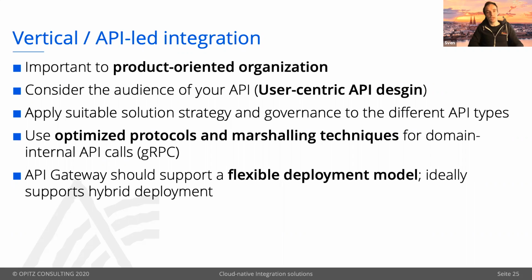And we also need a proper governance strategy to implement more sophisticated use cases like monetization. Because when I want to expose my services to the outside world, and I have customers and partners that consume my APIs, maybe I want to monetize that. So I want to charge them for using my API, for using my data, right? This is a new business model.